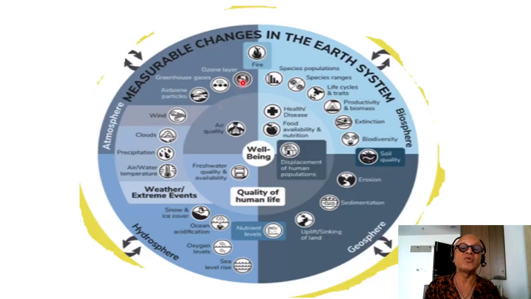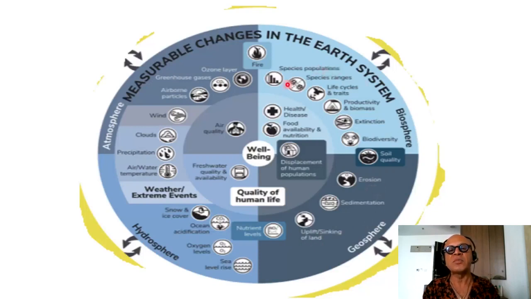You can now look at more details: ozone layer, greenhouse gases, airborne particles, winds, clouds, precipitation, air and water temperatures, and you have snow and ice cover changes, ocean acidification, oxygen levels, sea level rise, and nutrient levels, uplift and sinking of land in the geosphere, sedimentation and erosion.